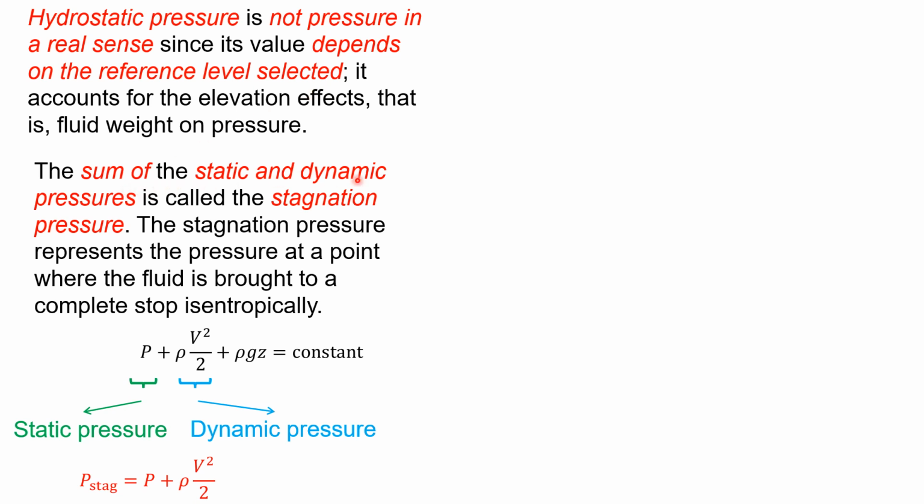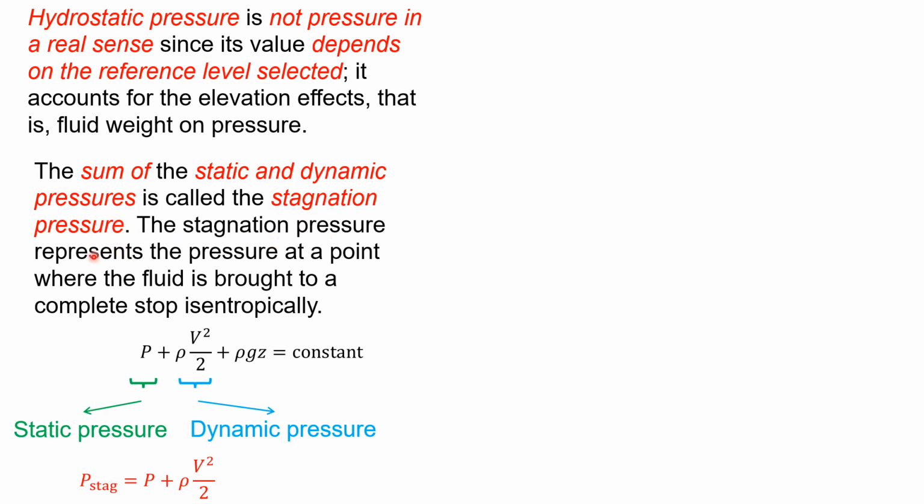The sum of static and dynamic pressure is called the stagnation pressure. We have three components, and if you add static pressure and dynamic pressure, we call it the stagnation pressure.